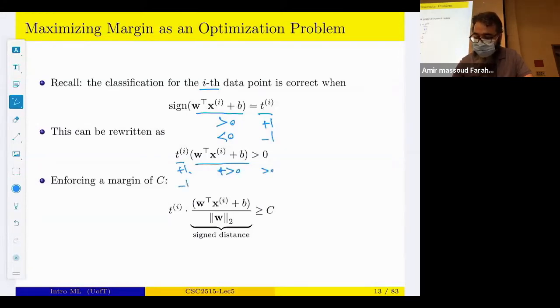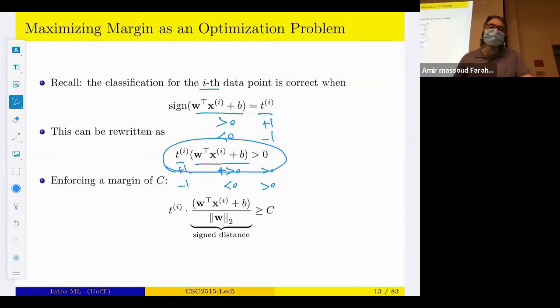When the target is -1 and this is negative, minus times another minus is positive. So this kind of inequality is another way to describe what a correct W should be. A correct W that classifies a point correctly should satisfy this inequality.